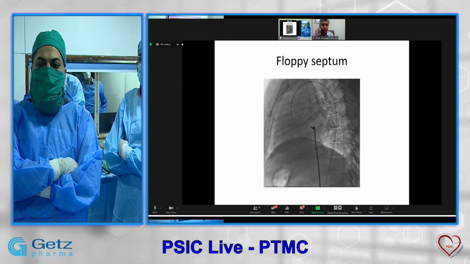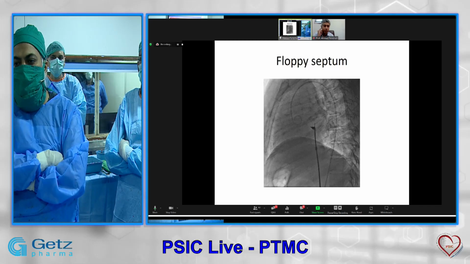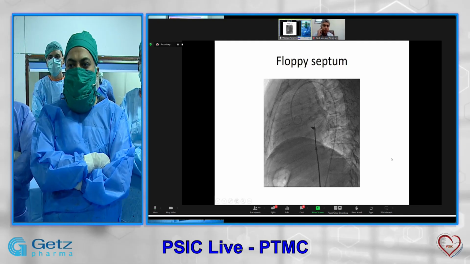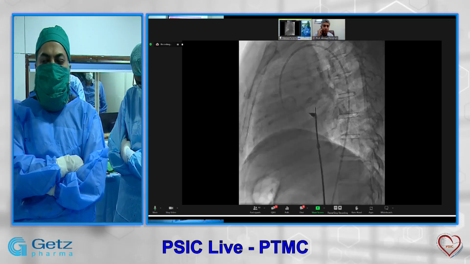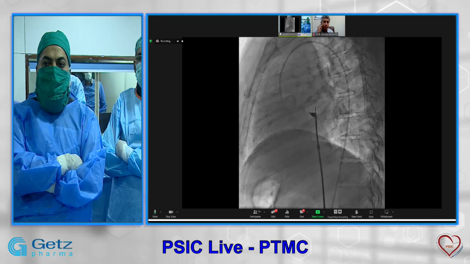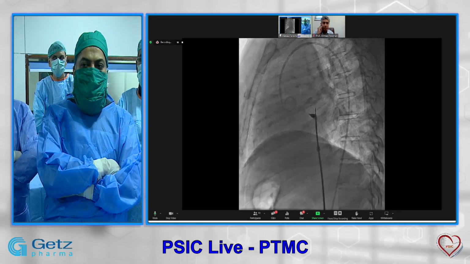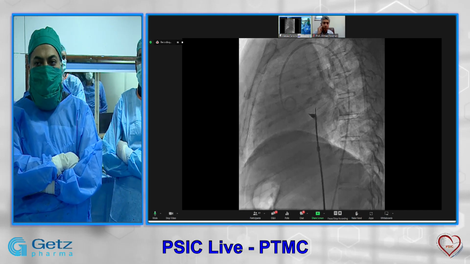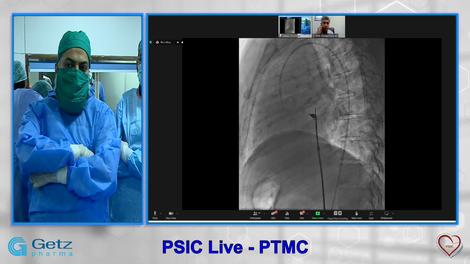One important thing which we see, can we come to the full screen, or is this the maximum we can get? Yes, good. So the important thing is sometimes you can have a floppy septum. That makes you understand why we say that if you stain the septum, you will know where your septum is, and if you have a floppy septum, it will try to tent with your needle.